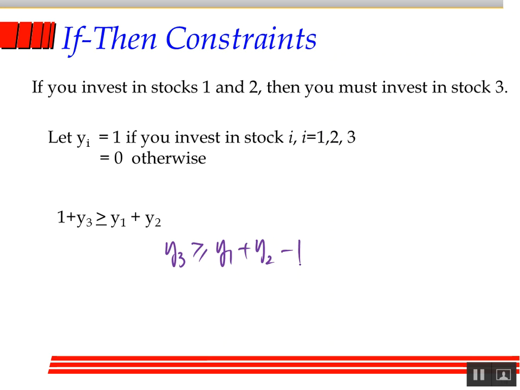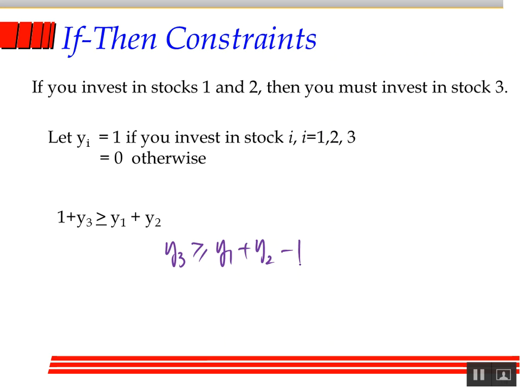if not both of them are 1, right? If you invest in only stock 1, then this is 1, this is 0, then the right hand side is 0, right? So y3 larger than or equal to 0 is again redundant, because we have this constraint from the very beginning.